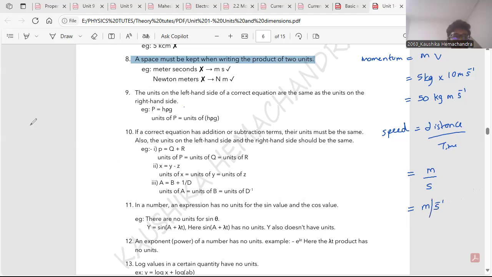There's a space here because they are two different units. One is distance, one is time. Like it should be meter second, Newton meters close together. That's a printing mistake.